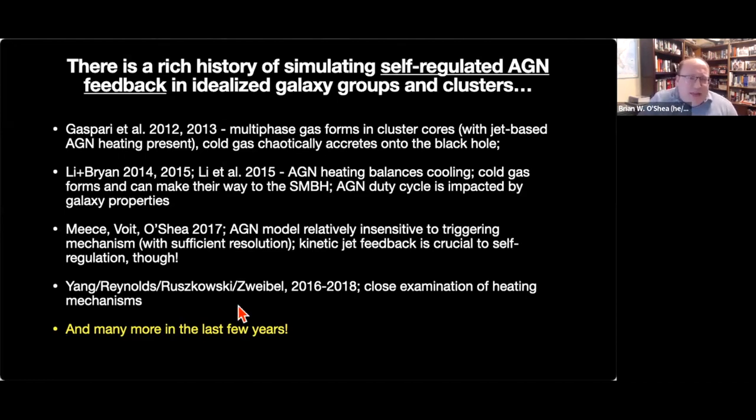I'm not going to run through this entire list, but over the last 12, 15 years, there has been a sequence of work from a bunch of different groups that has shown that in these galaxies and groups, the central higher density gas produces cold gas, multi-phase gas, that can feed the supermassive black hole, and then feedback from that supermassive black hole in turn heats up the intergalactic, intracluster, or circumgalactic medium, and then we see that this regulates itself over time.